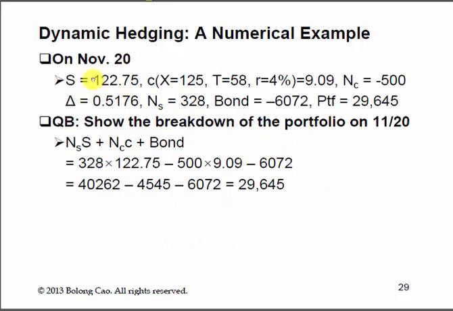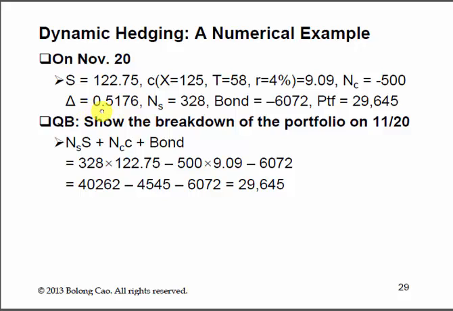Now let's say on November 20th, the underlying is $122.75. The call becomes $9.09. Still, there are 500 written calls. It's basically 5 written call contracts, and each contract covers 100 shares.